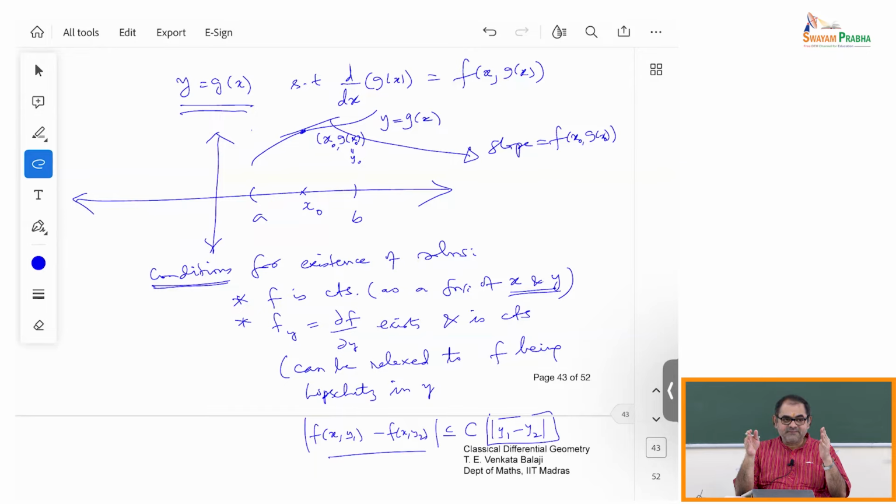This looks like the partial derivative of f with respect to y, and then this condition becomes that the partial derivative is bounded, and a continuous function on a closed interval is always bounded. Therefore, if the partial derivative exists and is continuous, that means Lipschitz.